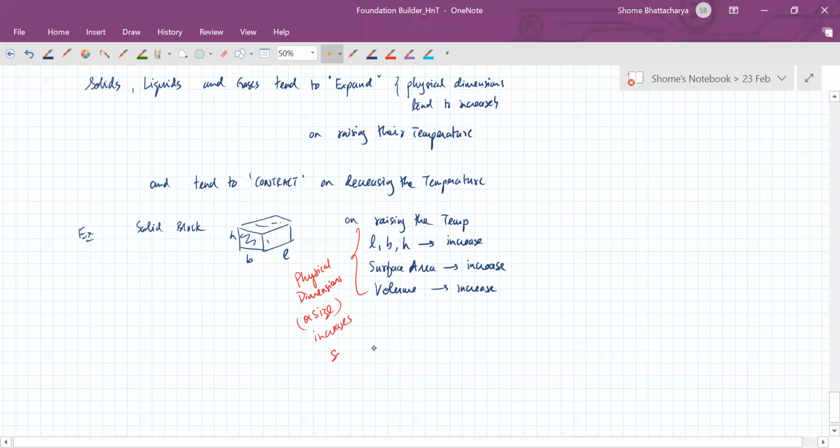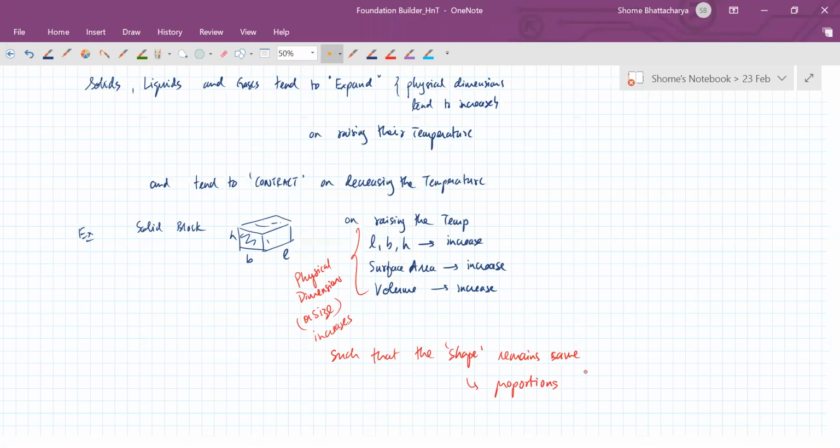Increases, but such that the shape remains the same. And by shape we mean even the proportions remain the same. So if you increase the temperature of a cube, it will remain a cube. It will not become a cuboid.